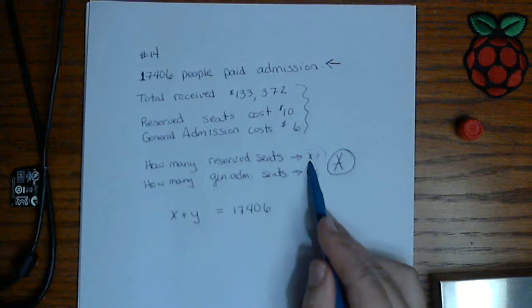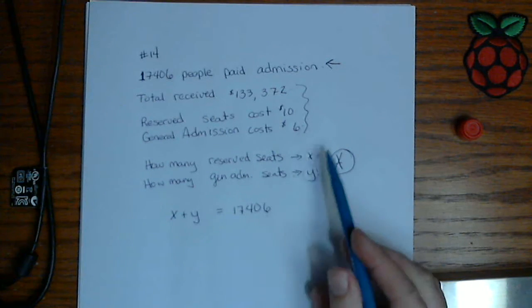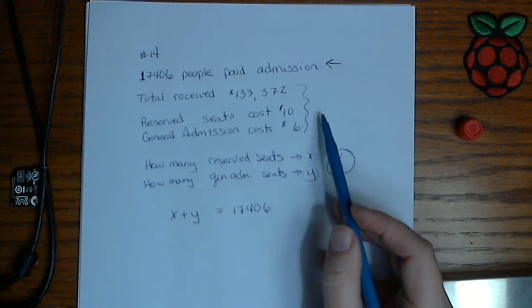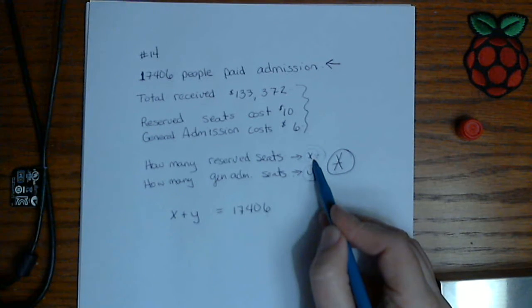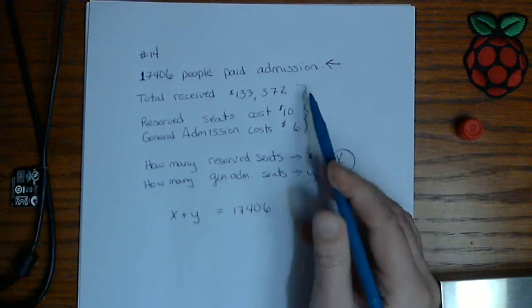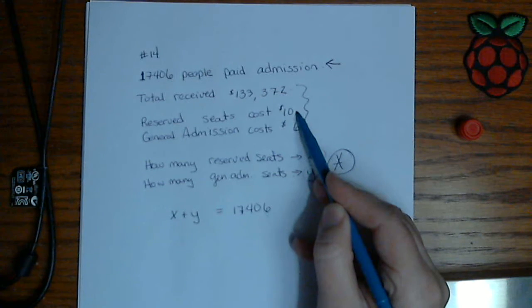Well, if I sold one reserved seat, that would be $10. If I sold 2 reserved seats, that would be how much? Hopefully you're saying $20. If I had 100 reserved seats, how much money would that cost? $1,000 for 100 seats. How would you figure that out? Well, you would take the number of seats times the amount that each seat cost.